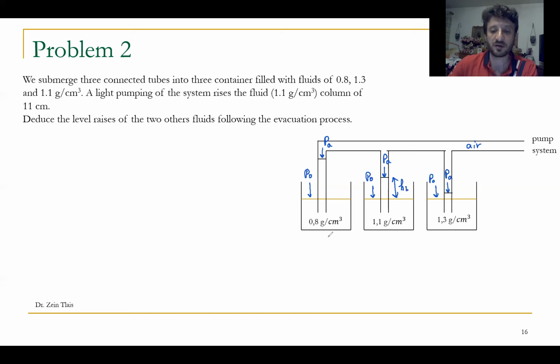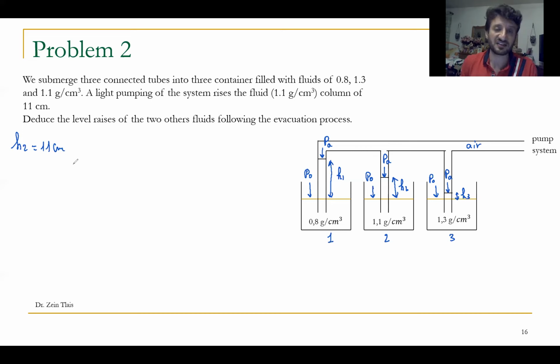We can say here fluid 1, 2, 3, and here we have H1, H2, and H3. This is a given. Now I ask you to find H1 and H3. Simply, we have H2, where H2 equals 11 centimeter.